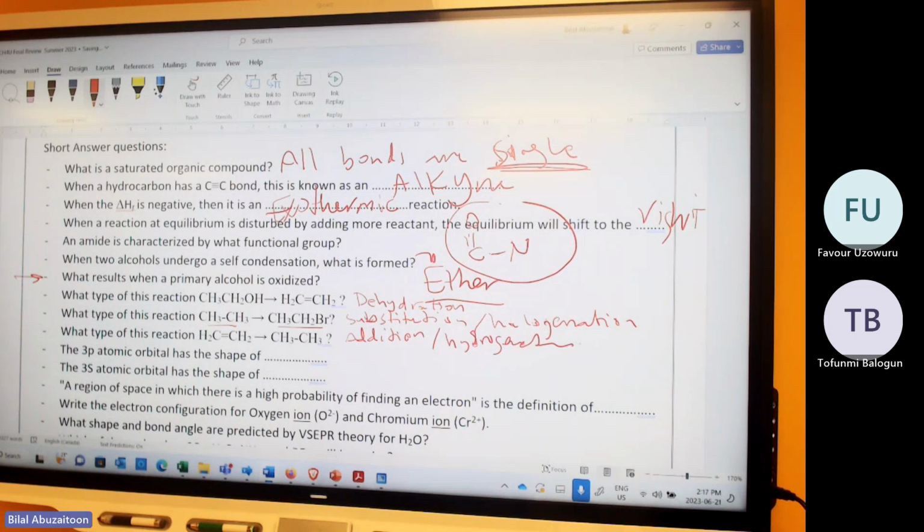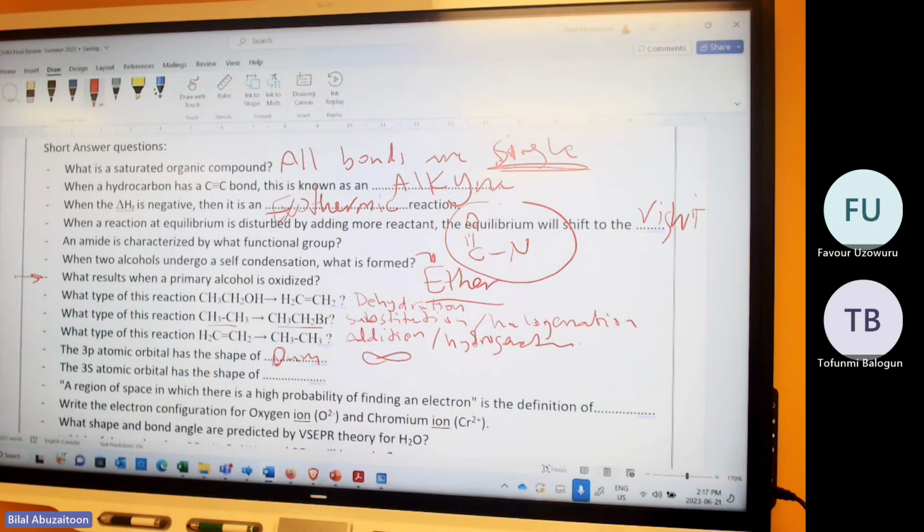The 3p atomic orbital has the shape of what? Dumbbell.